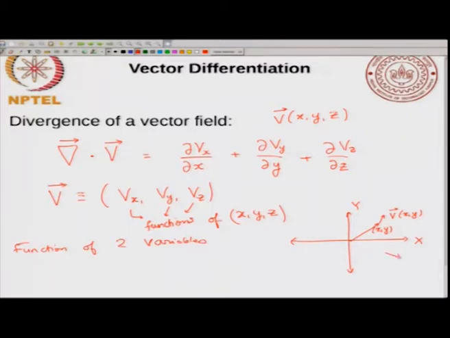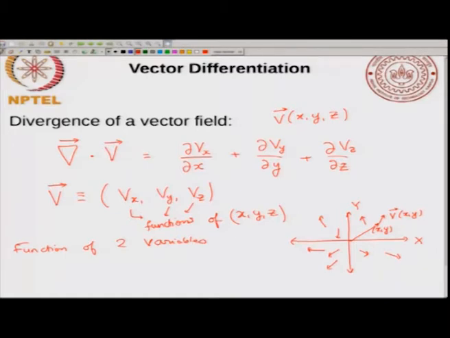Similarly, at some other point you have V. So, at every point in space you have a vector, which is what tells you the vector field. So, you can think of it as a collection of arrows pointing in different directions, based on the direction of the vector field.